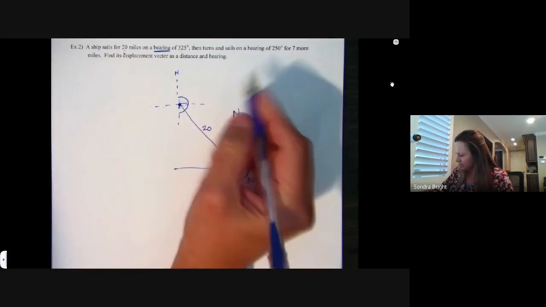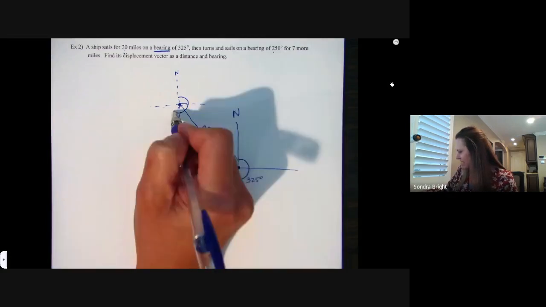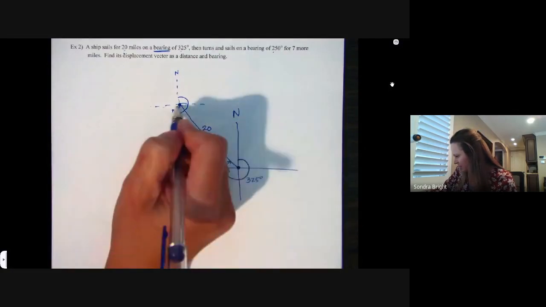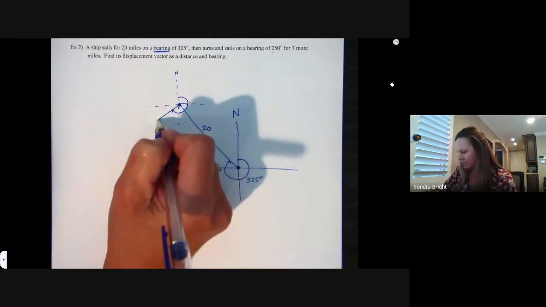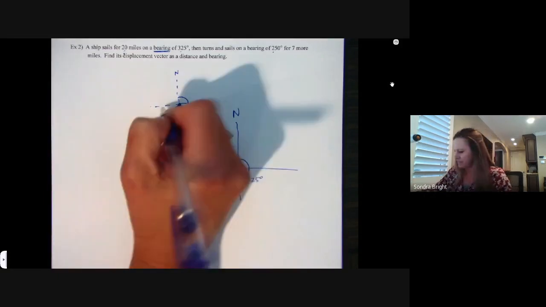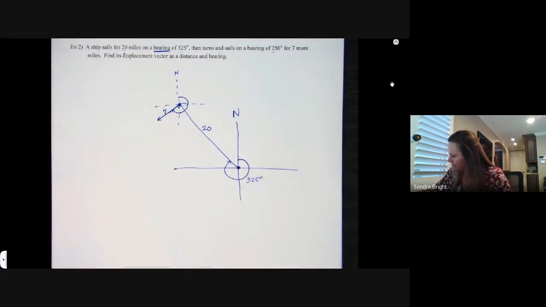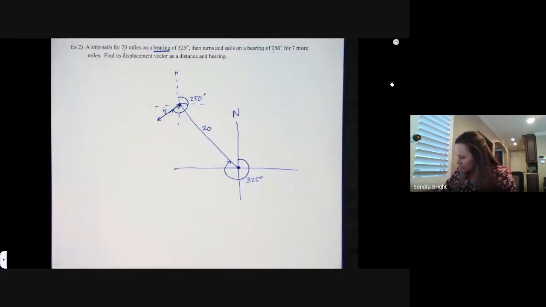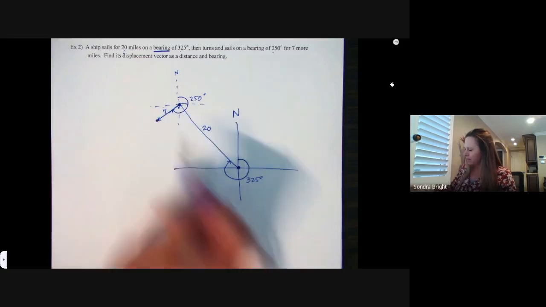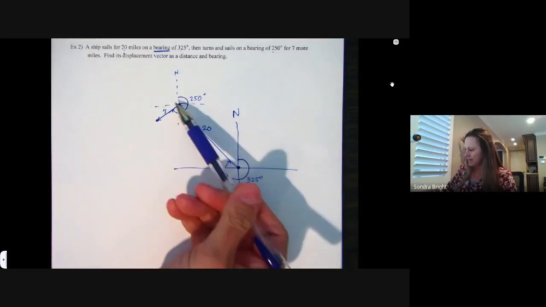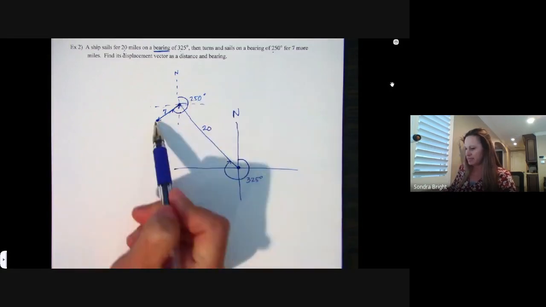So I'm going to stop short. If this length is 20, that would be 10, so I want to be proportional. I think about that would be 7. And this was 250 degrees. All right, so this is its new position now, right there. They traveled this way, then changed directions and went this way, and now there's a new spot.